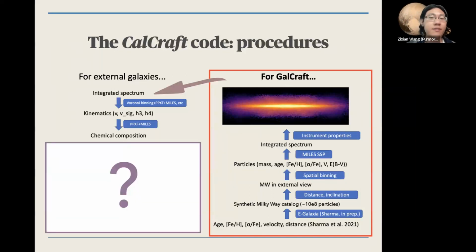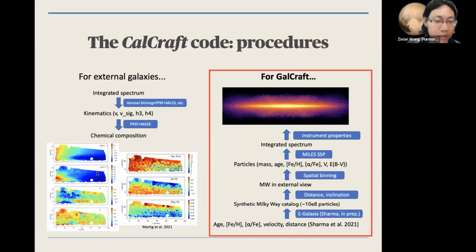Then the question I personally am very interested in is, if I put my mock Milky Way observation into the process of people working on external galaxies, can pPXF measure the accurate stellar galaxy property distributions like this? Because I have particles in the mock Milky Way observation, I basically know the true answer.